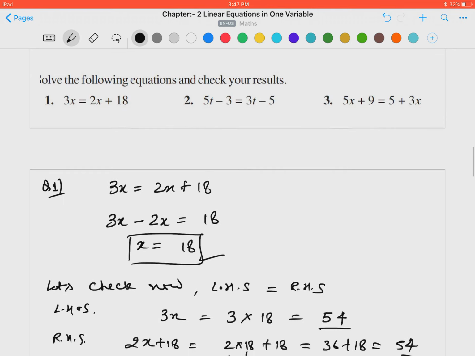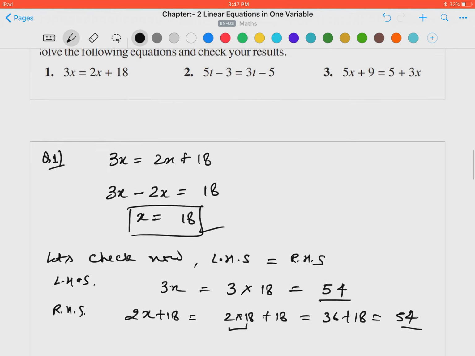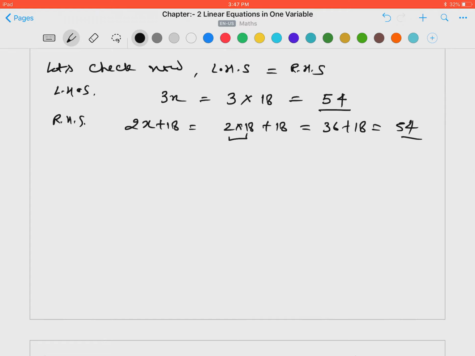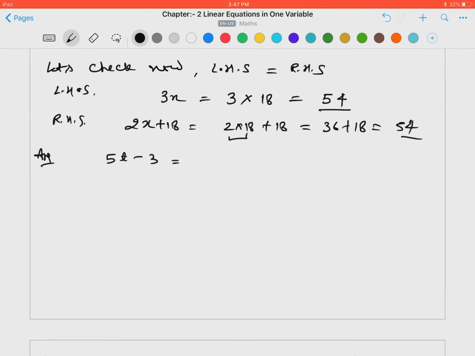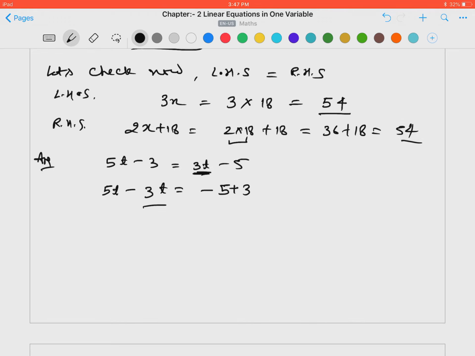Next one, we have 5t minus 3 equals to 3t minus 5. So again we'll do the same thing, shifting the variable term to the left hand side and the non-variable term to the right hand side. So this minus 3 will become plus 3 on the other side. On the other side we have minus 5 already, and this minus 3 will become plus 3 there.